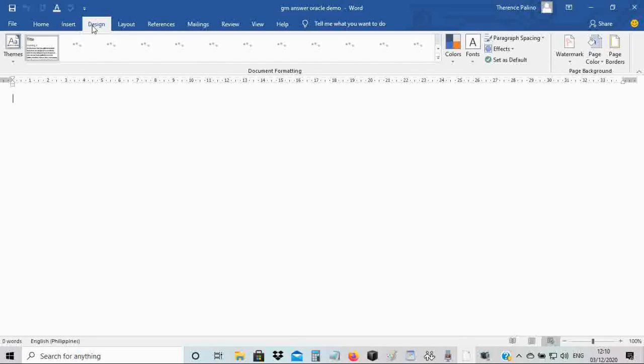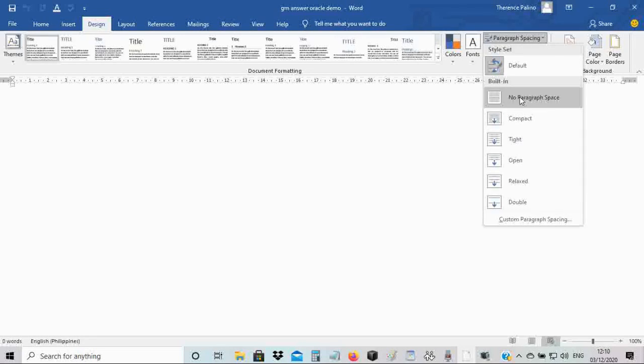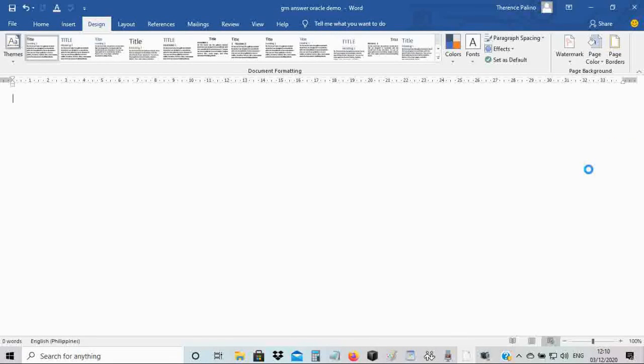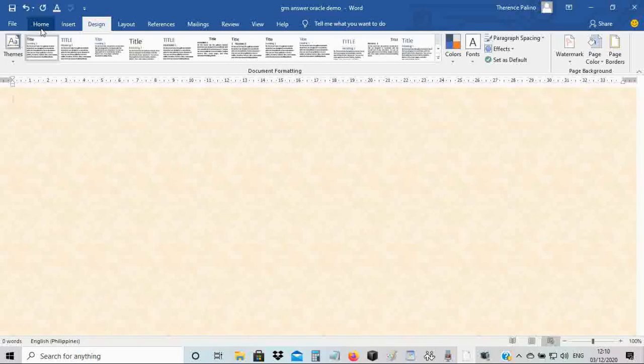I'm even adjusting a few things here, from the spacing to the color of the page and texture, to give it a medieval look, I guess.